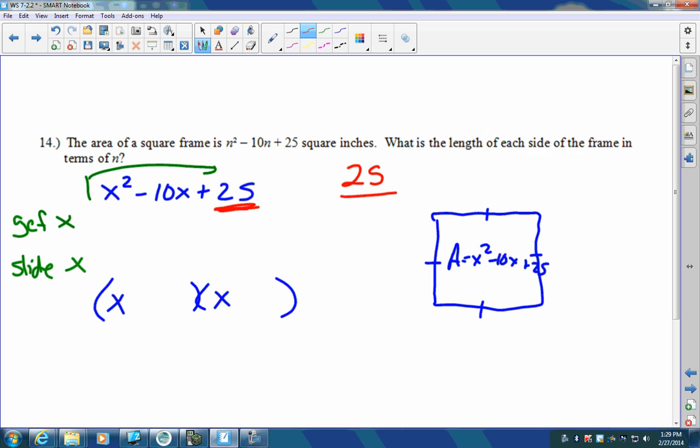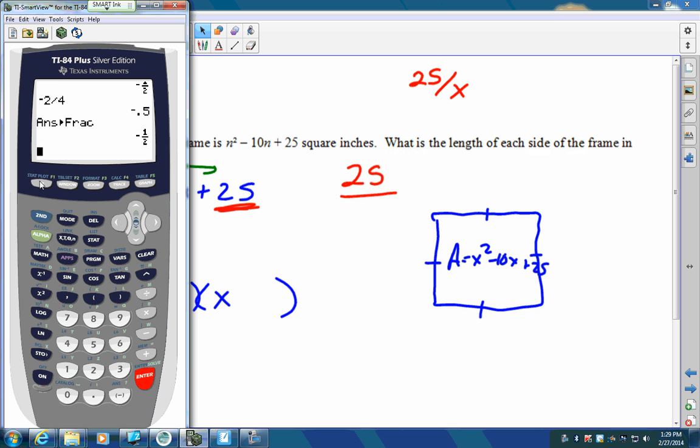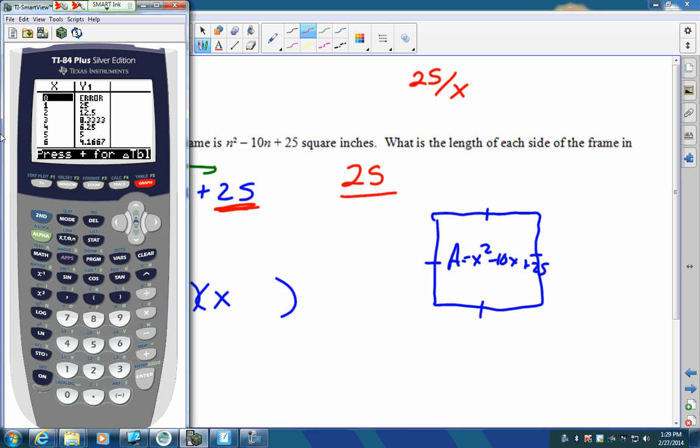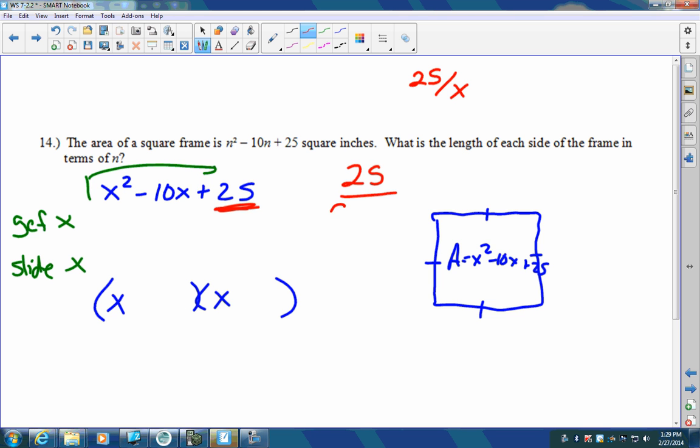So you can go in your calculator and put into y1 25 divided by x. I need the factors that add up together to give me what? Wasn't it negative 10? All right, so 25 divided by x, second graph. What numbers add up together? Look right here, 5 and 5. If I do 5 and 5, that gives me positive 10, right? How about negative 5 and negative 5?